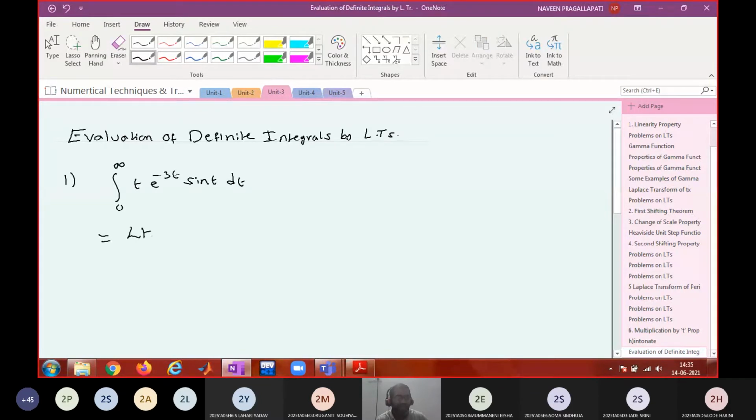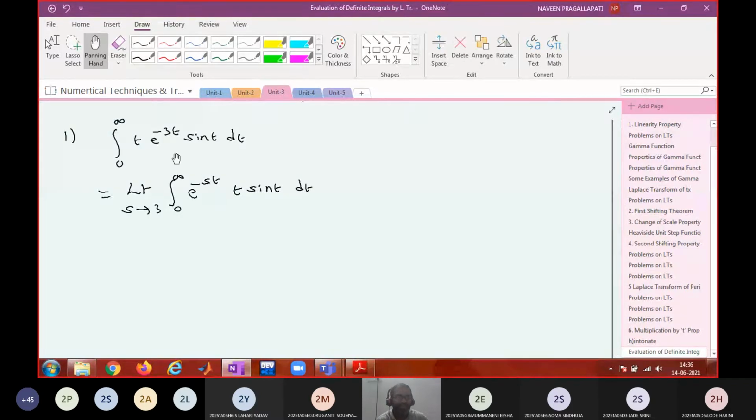You can see this as limit s tending to 3, integral 0 to infinity e power minus st into t sin t. If I write like this, what is the advantage? This integral is nothing but Laplace of t sin t. Agreed?